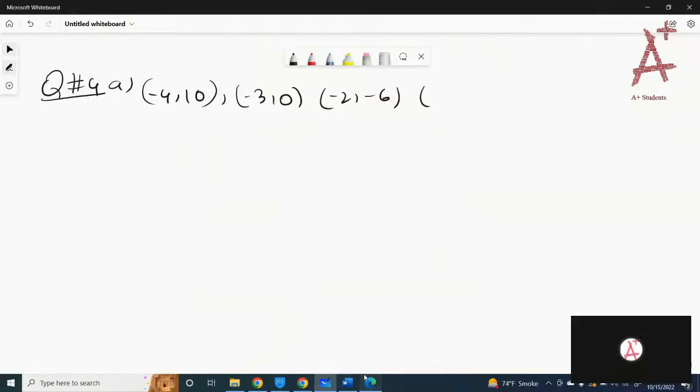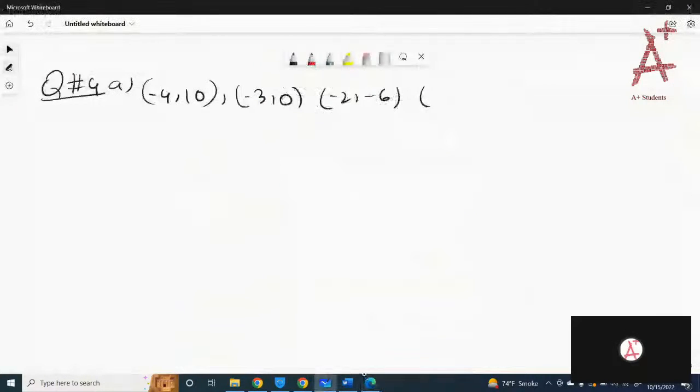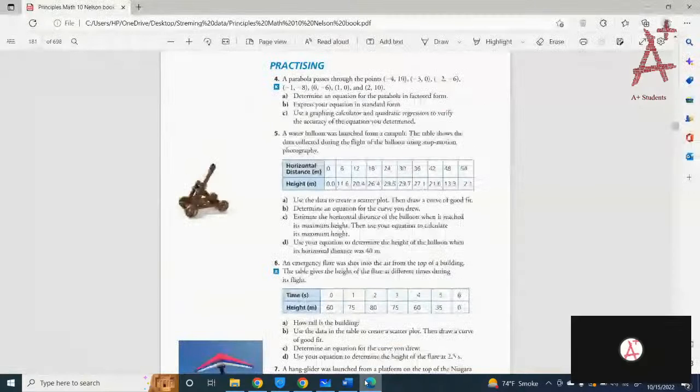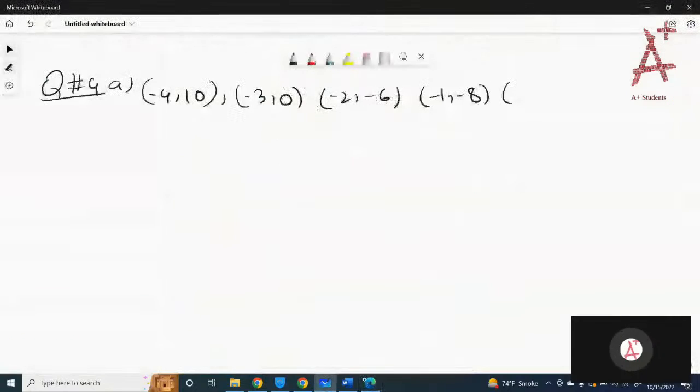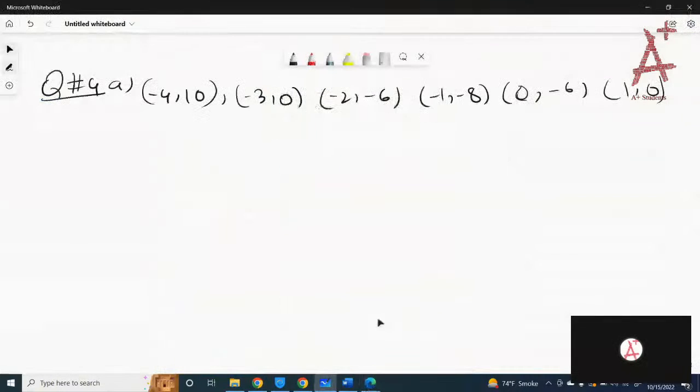Then we have negative 1, negative 8, 0, negative 6, 1, 0, and then 2, 10. Okay.